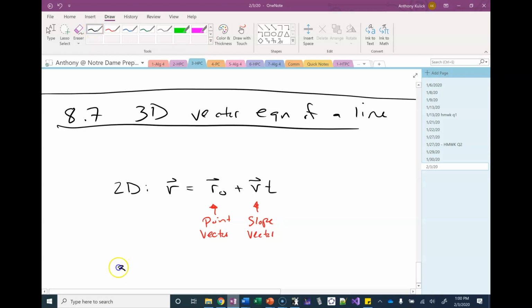But if we extend this to 3 dimensions, what does slope mean in 3 dimensions? Yeah, rise over run doesn't make any sense anymore in 3 dimensions, right?